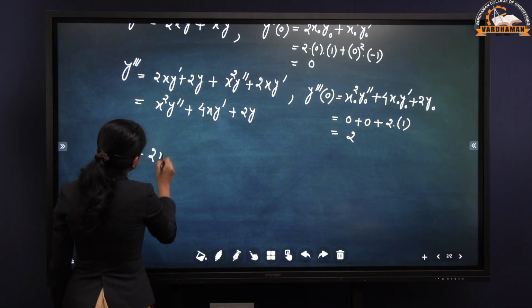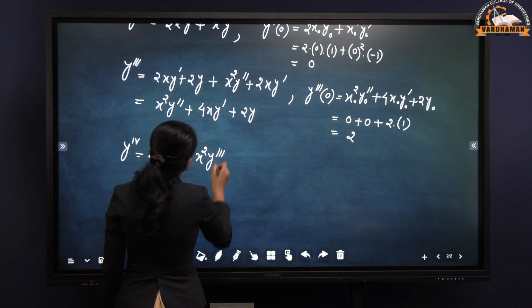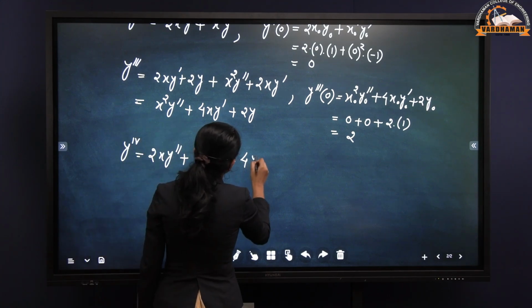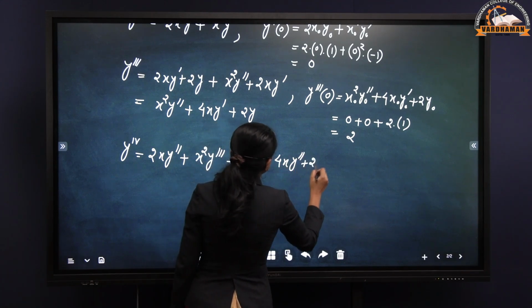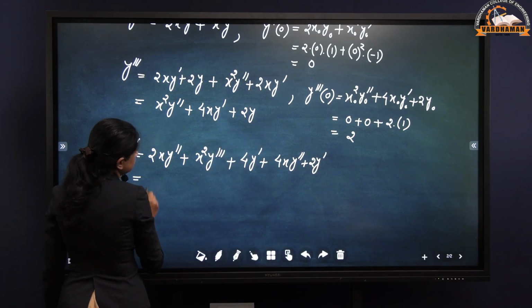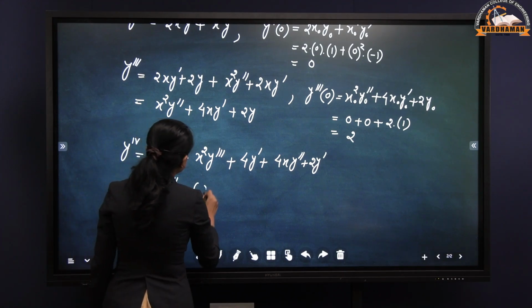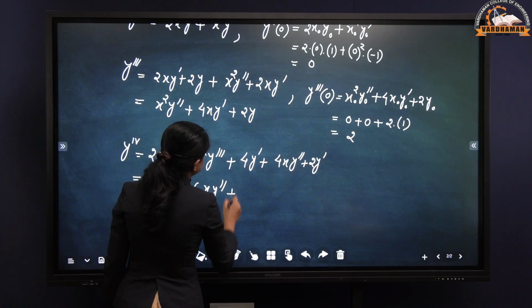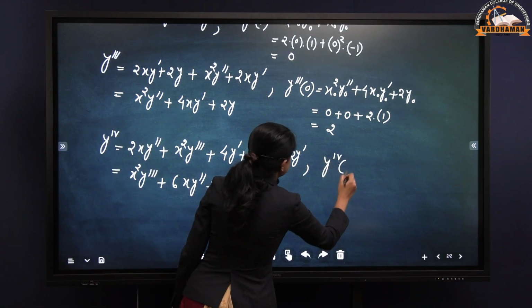Next we will find the fourth order derivative of y. We will get 2xy'' + x²y''' + 4y' + 4xy'' + 2y'. This can be written as x²y''' + 6xy'' + 6y'. Now let us find the fourth order derivative of y at 0.